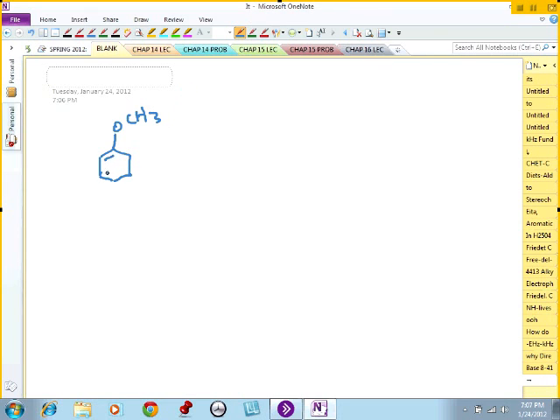Supposing we say that for that same reaction, that electrophile, in this case the methyl carbocation, goes to here. Okay? It goes to the meta position. Let us see what happens.